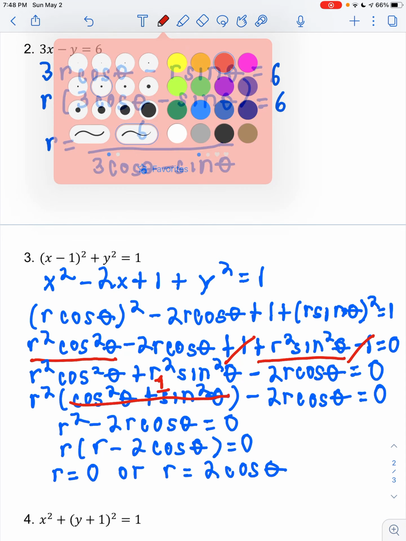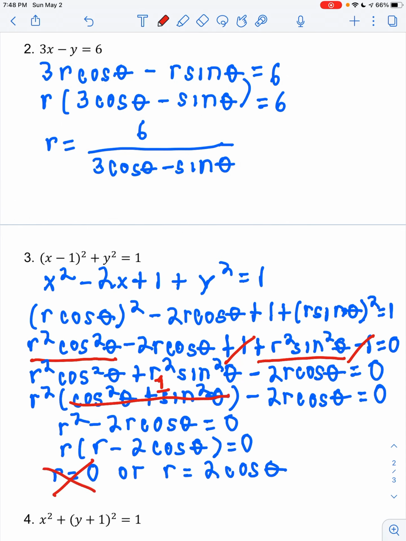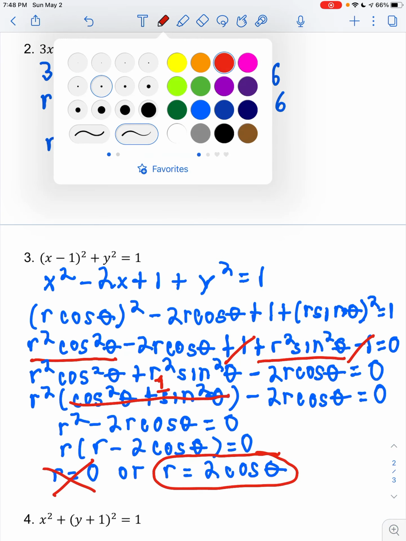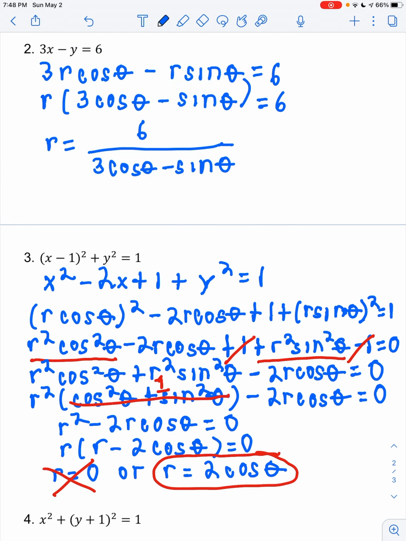So my point is, I don't need to have r equals 0. The other equation would include where r would equal 0 and is sufficient to cover both equations. So our original equation, the quantity x minus 1 squared plus y squared equals 1, in polar form becomes r equals 2 cosine theta.